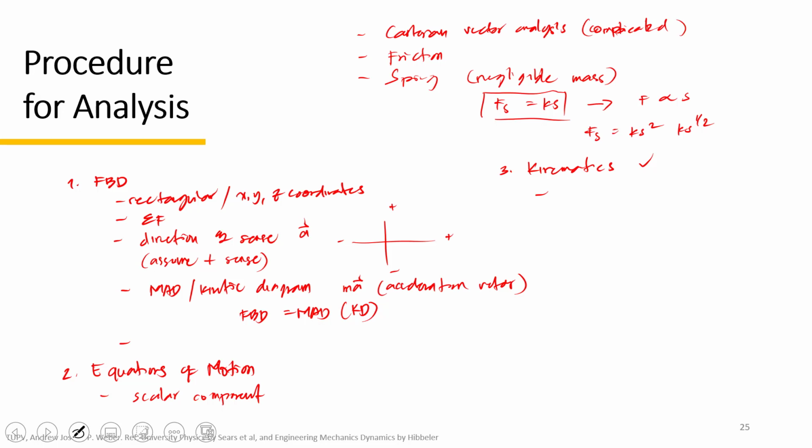For instance, if the velocity or position of a particle needs to be found, it is necessary to apply the principles of kinematics once the particle's acceleration is determined using the equation of motion. So once the acceleration is found from the equations of motion, you can use it to solve for the kinematic properties of a moving particle.